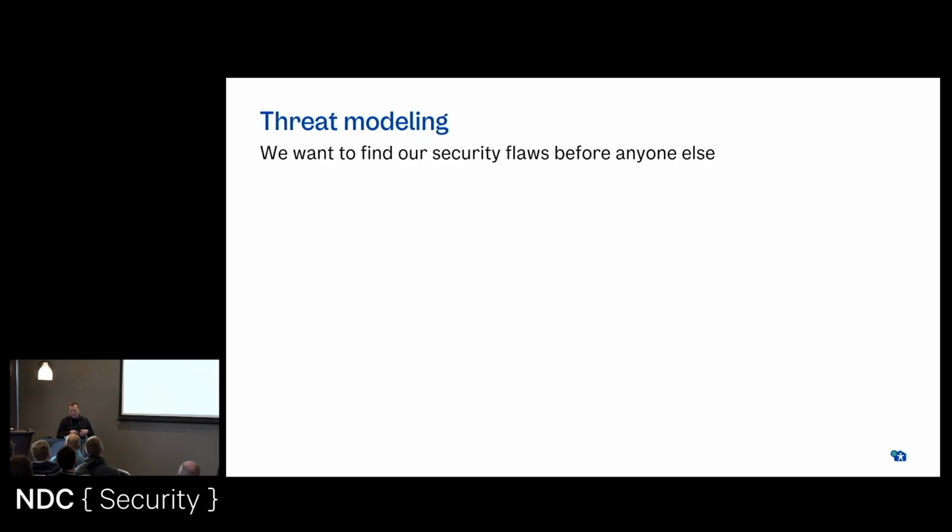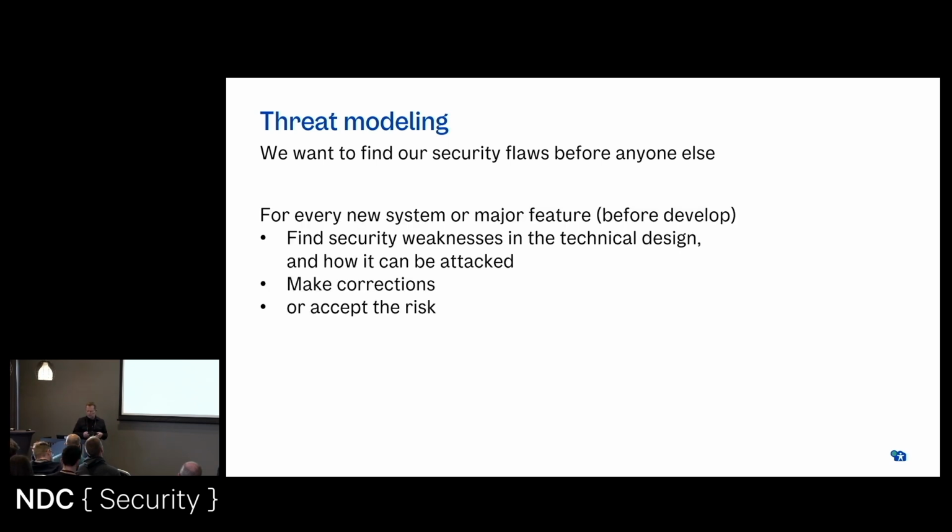Threat modeling is something we want to do before we start to develop a new major feature. We want to look at our technical design, the attack surface. We want to see how it can be attacked, obviously, and we want to make corrections or accept the risk.